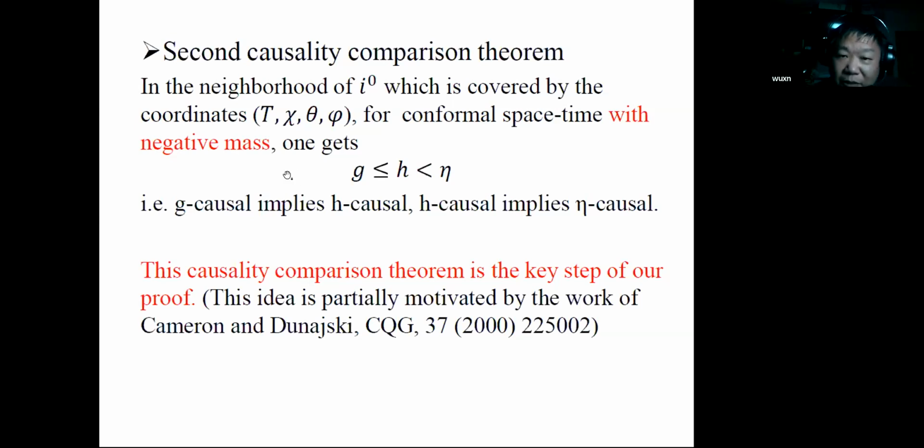But in this way, we can avoid such difficulties just by comparing the causal structures defined by the physical spacetime and the Minkowski spacetime, and then control the behavior of all the null curves or causal curves. That is the key point that allows us to finish this proof and get our result.